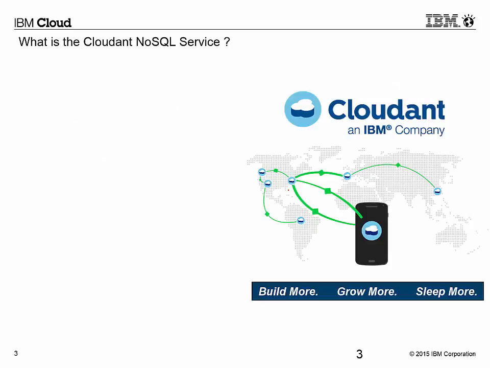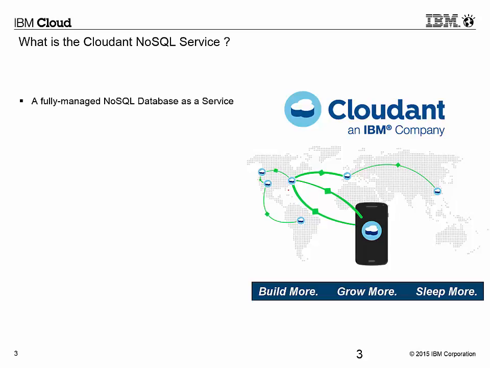So let's start off by looking in more detail at the Cloudant NoSQL service. It's a fully managed NoSQL database as a service, so it means that you don't have to do any of the database management yourself. The service is available to you on the cloud anytime, anywhere.